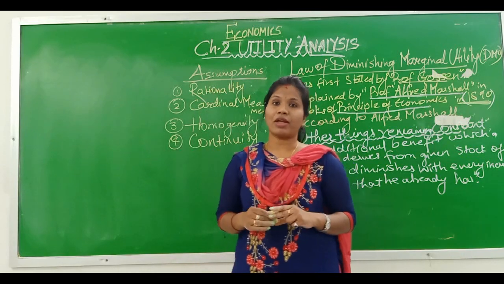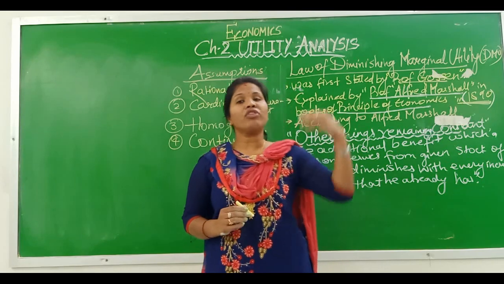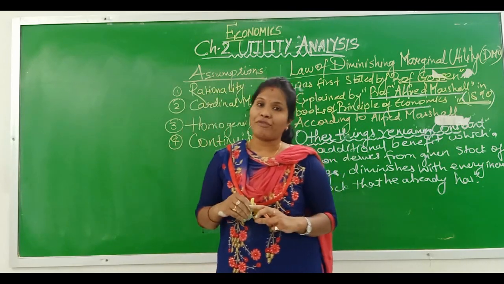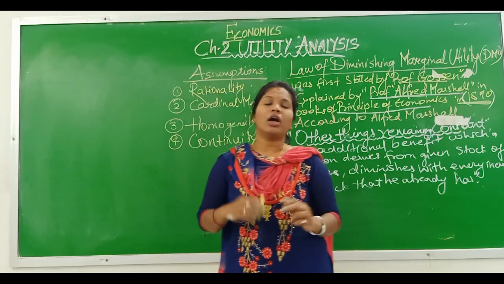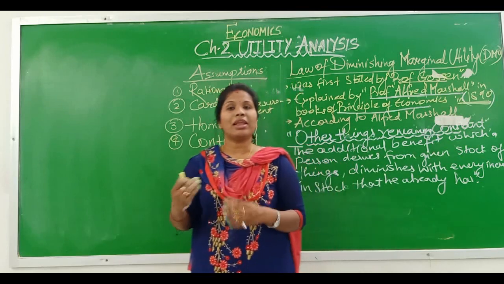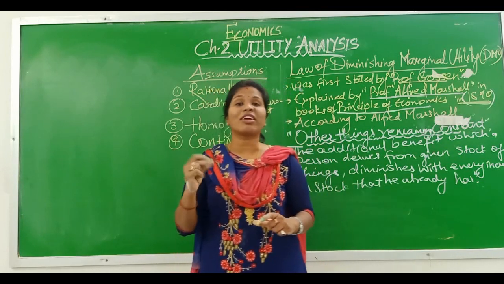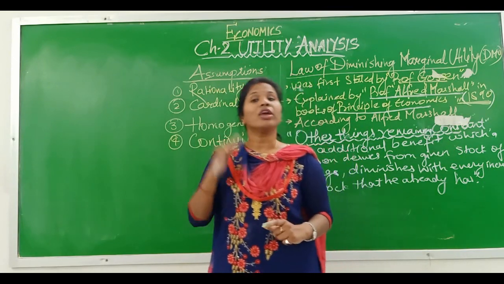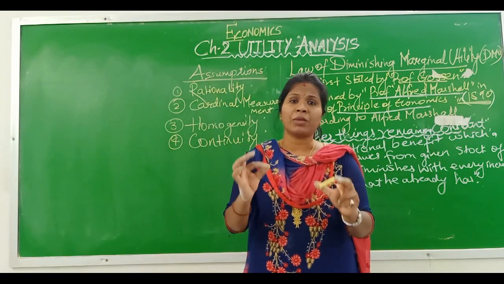For example, if he is consuming chapatis, it doesn't mean he consumes the first 2 in the morning, the next 2 in the afternoon, and the leftover 2 at night. It should be in quick succession: the first chapati is over, he consumes the second; when the second is over, the third, without any time gap.